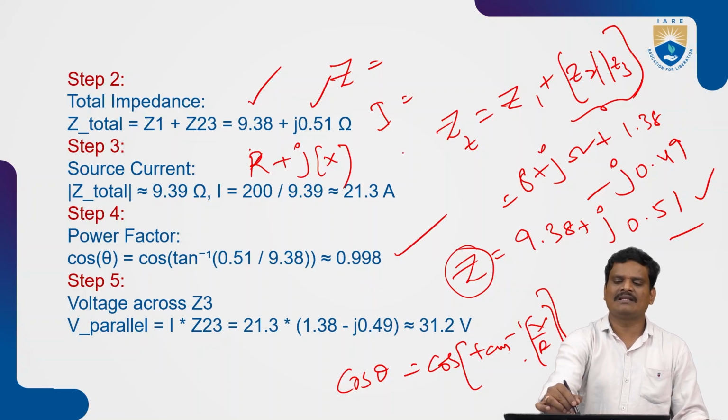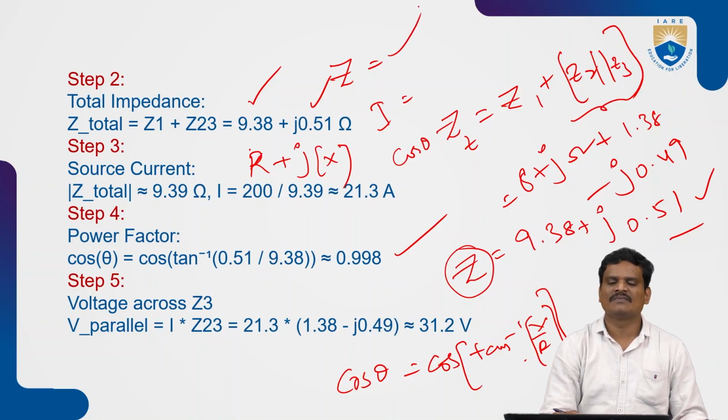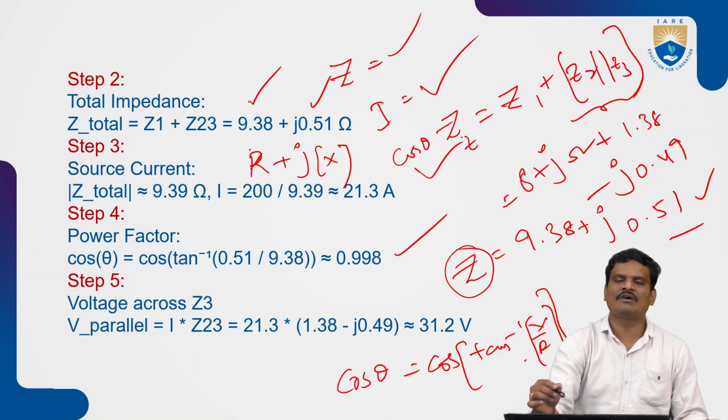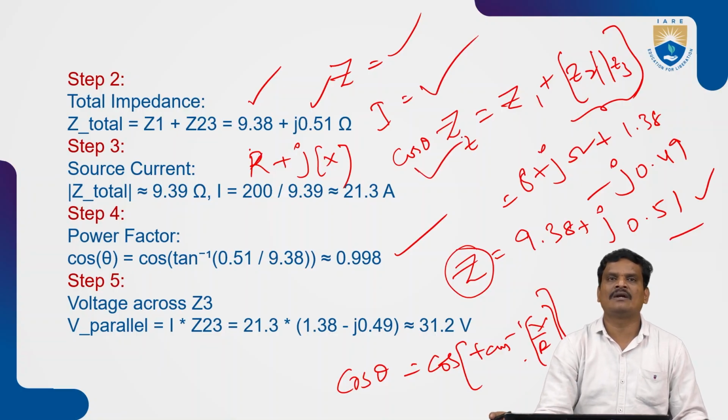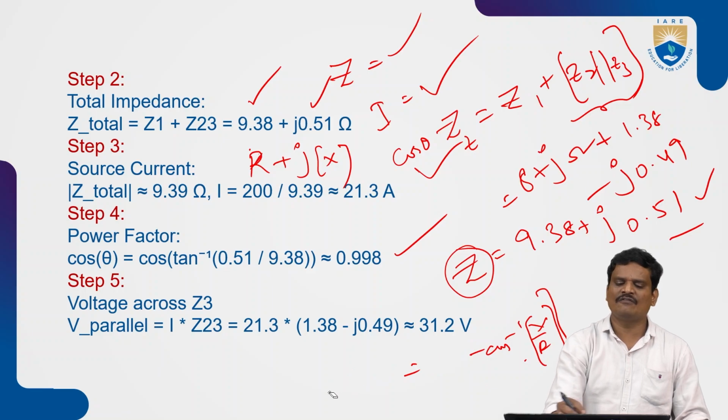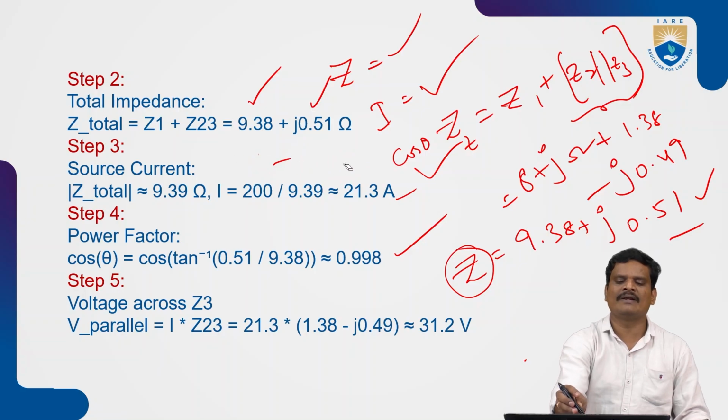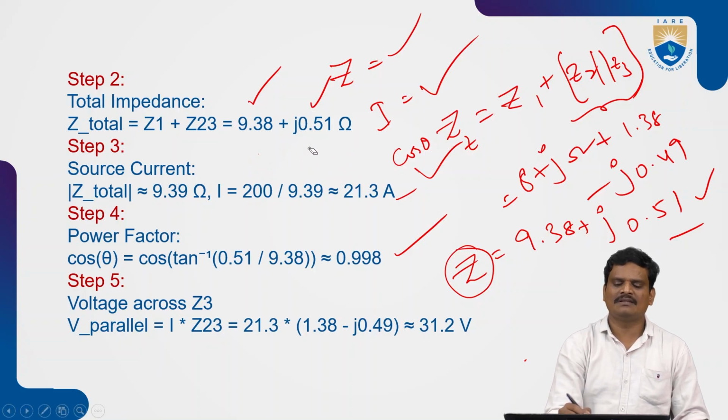So you have calculated three parameters up to now: the impedance, the current flowing in the circuit, and the power factor. Now you need to calculate one more parameter, that is the voltage drop across the Z3 branch. In order to calculate it, I know the value of total current flowing in the circuit already, which is 21.3 amps.